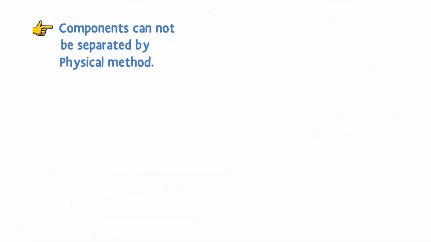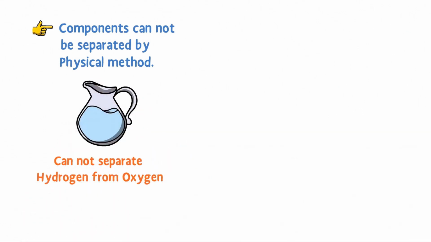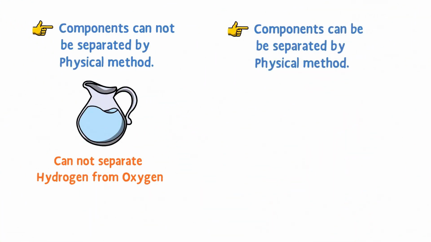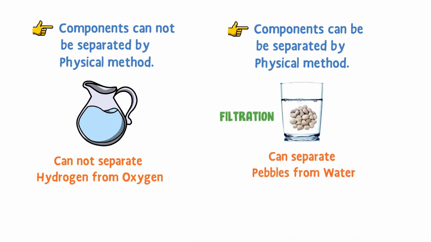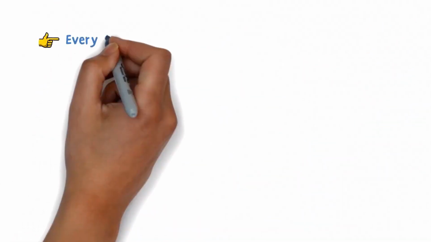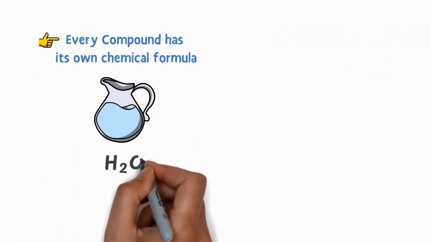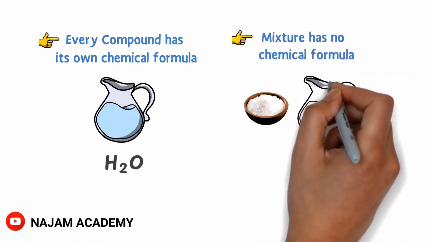Also, in the compound, components cannot be separated by physical means. For example, you cannot separate water back to hydrogen and oxygen, but components in the mixture can be separated by physical means. For example, you can separate water from pebbles by just filtration. Also, every compound has its own chemical formula. For example, water has its formula, but the mixture has no chemical formula.